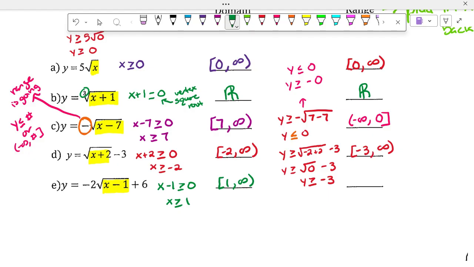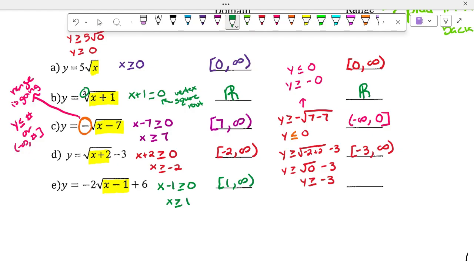All right. Now, make sure you pay attention to what's in front of our radical. So, Eli, first off, is my range going to be going from negative infinity to some number or from some number to infinity? So in other words, if I want to set y is greater than or equal to our function, or y is less than or equal to our function? Greater than or equal.